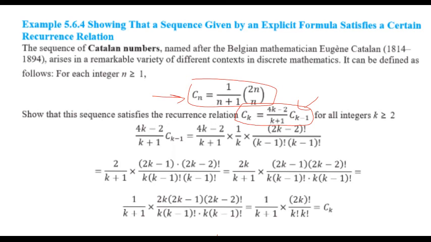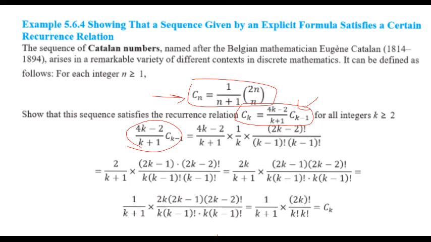So in order to prove this recursive equation, I'm going to start from the right hand side of this equation, which is 4k minus 2 divided by k plus 1 times C sub k minus 1.